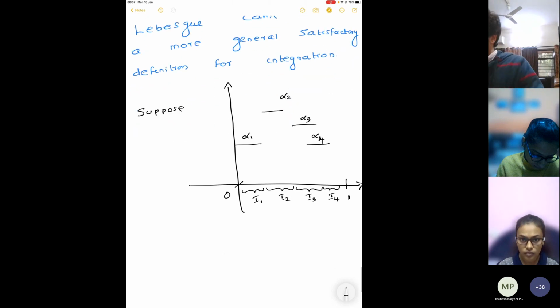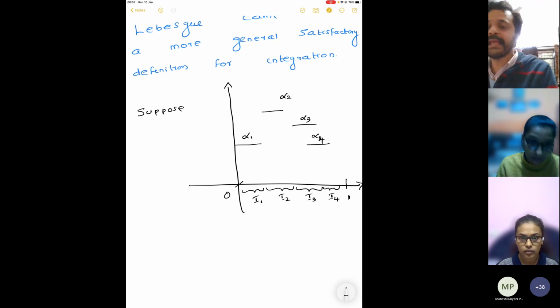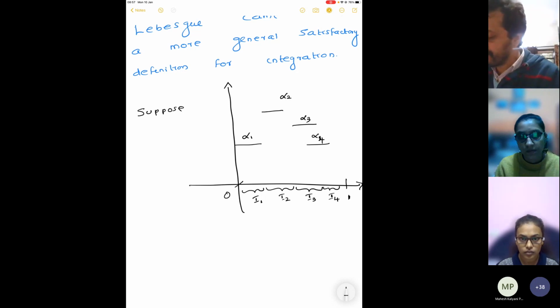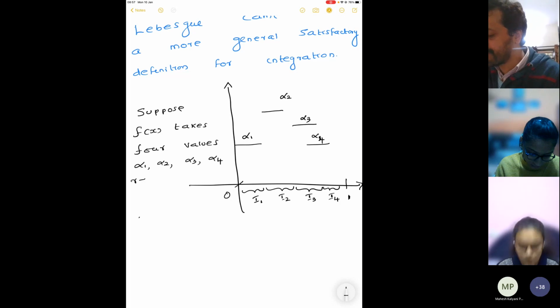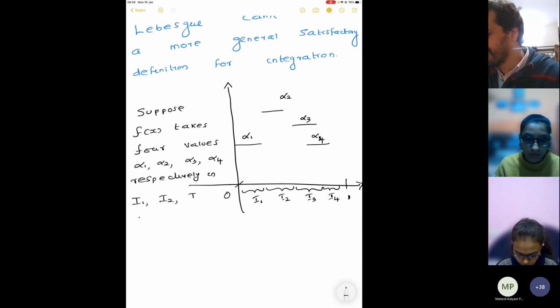Okay. So if you want to find the area under this curve by Riemann's method, suppose f of x takes 4 values, alpha 1, alpha 2, alpha 3, alpha 4, respectively in I1, I2, I3, I4 over the interval 0, 1.